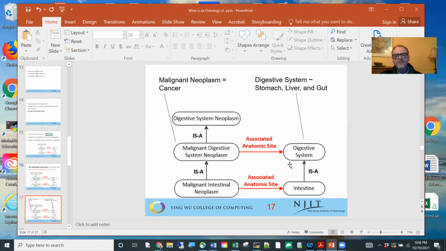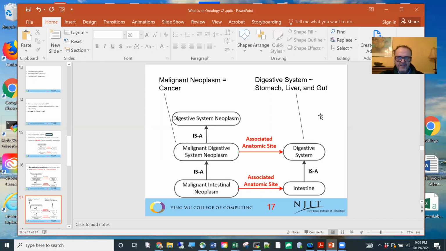Now, just so that you know what we're talking about, and trust me, you don't want to know it, a malignant digestive system neoplasm is really a cancer. So a malignant neoplasm is a cancer. And the digestive system, that's really stomach, liver, and gut, and a couple of other organs. And the gut really consists of small intestine and large intestine.